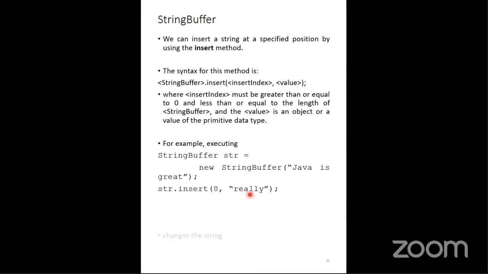So this string will change from Java is great to Java is really great. This word is inserted at the 8th position. The 8th position is here, after this particular blank space.